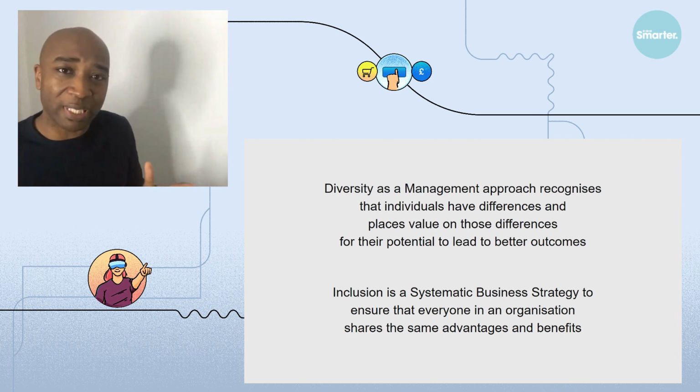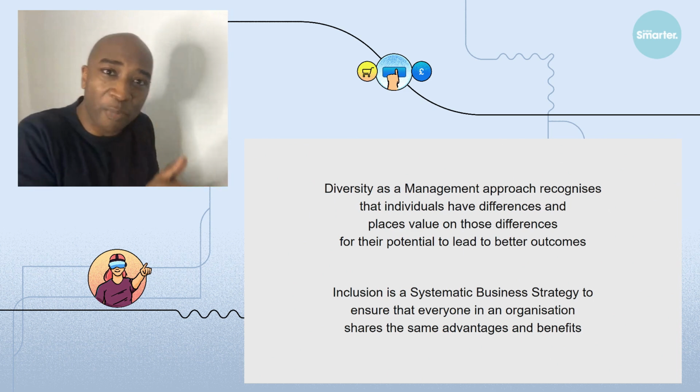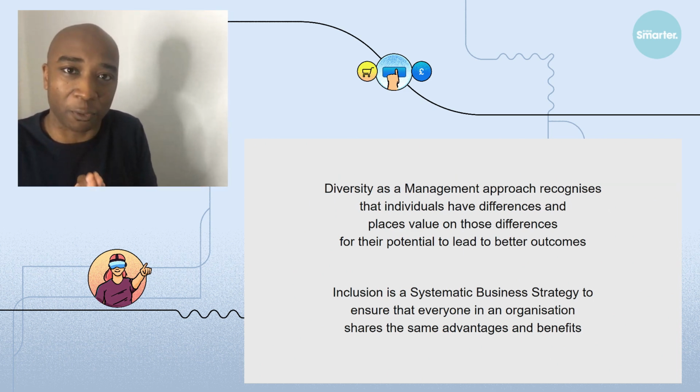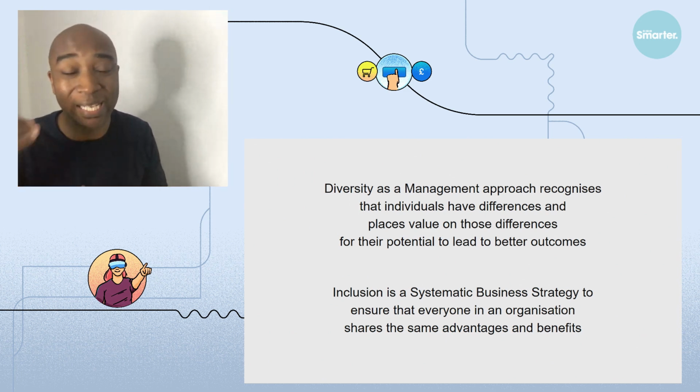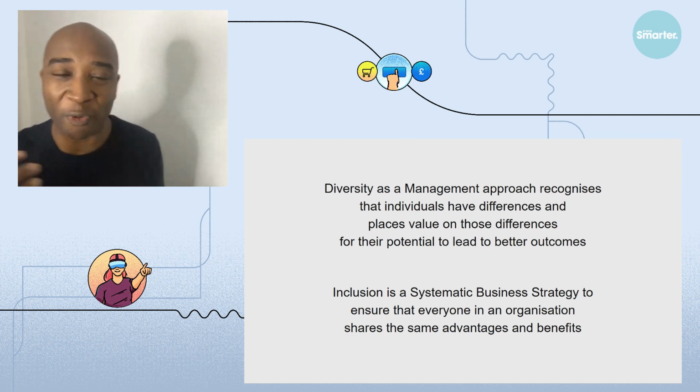And so as you can see here, inclusion is a systematic business strategy to ensure that everyone shares the same advantages and shares the same benefits. The way we describe that is everyone can perform, everyone can belong, everyone can reach their potential. That should be the goal of creating an inclusive workplace. You'll notice that I'm not drawing attention to how people feel.